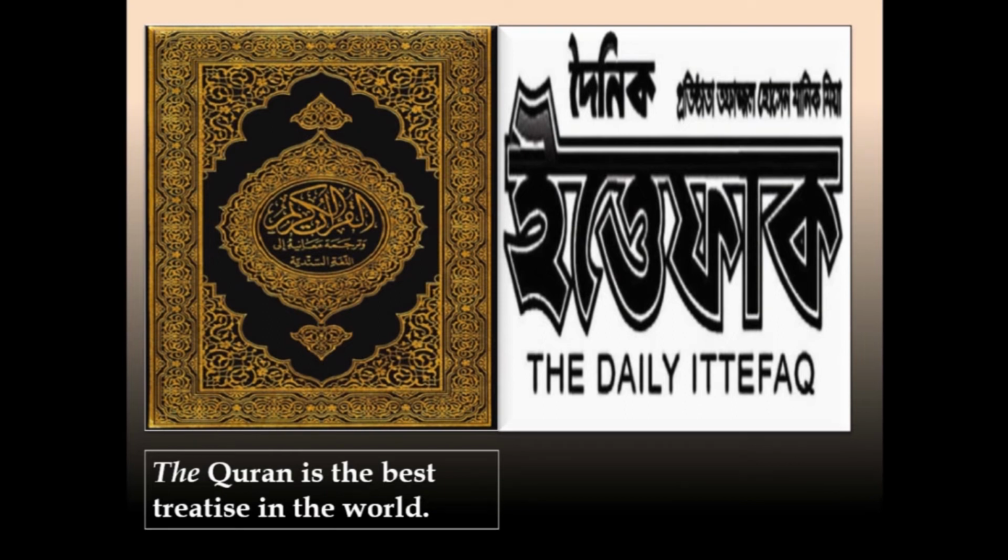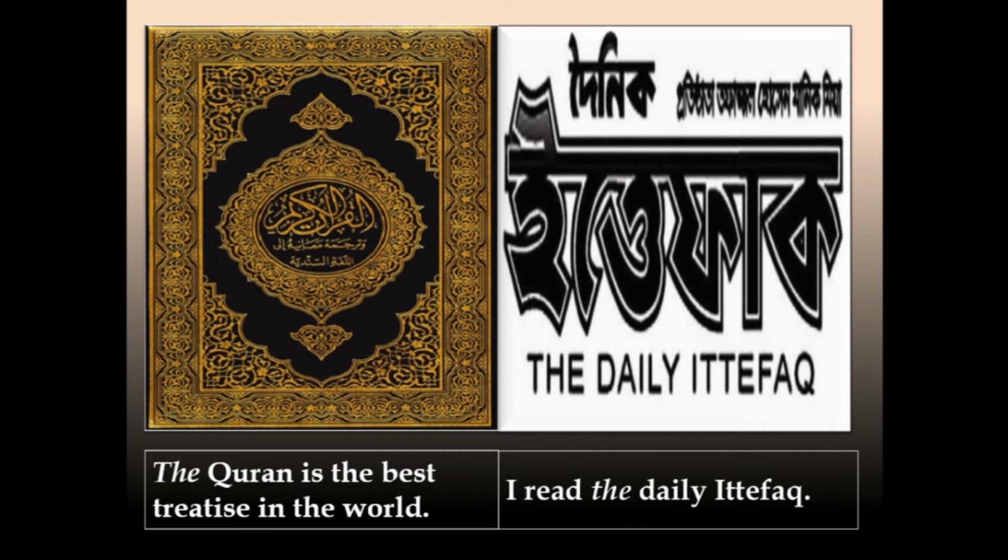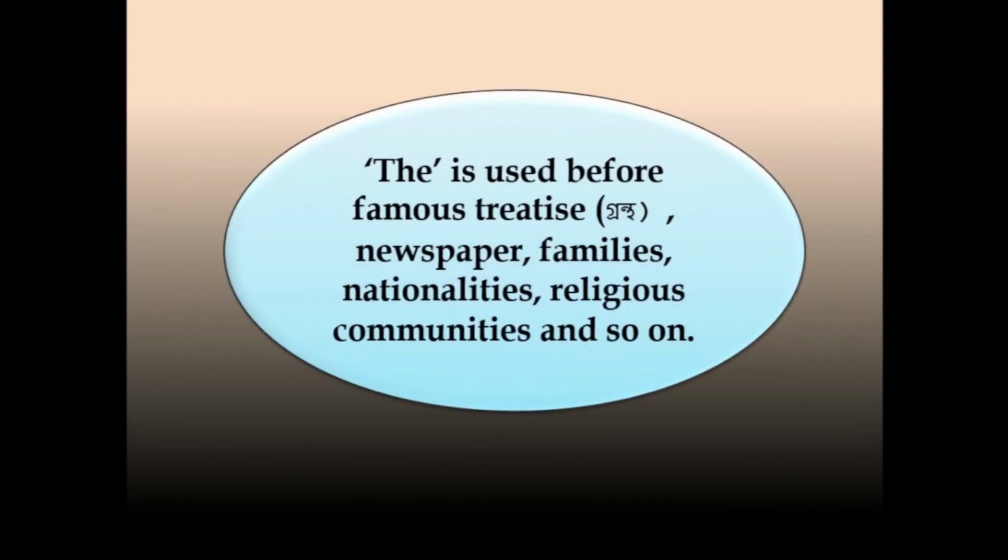So the Quran is the best treatise in the world. I read the daily ittifaq. So the is used before famous treatise, that means grontho, newspaper, families, nationalities, religious communities, and so on.